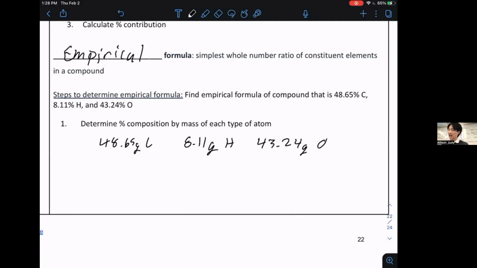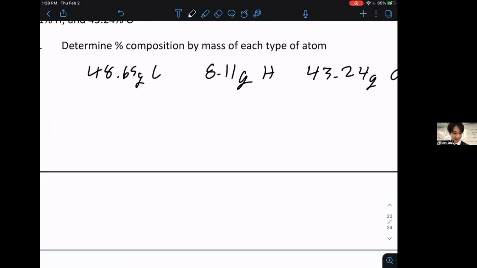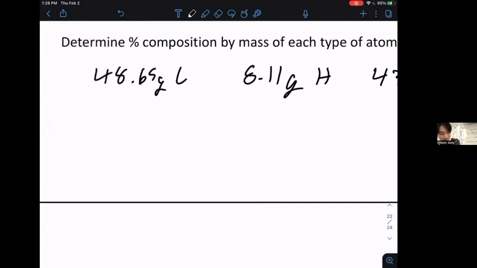After we have grams, we can't compare them in the formula in grams, so we need to compare moles. For carbon, the molar mass is 12.01, so if we multiply by 1 over 12.01, that gives us 4.05 moles of carbon.